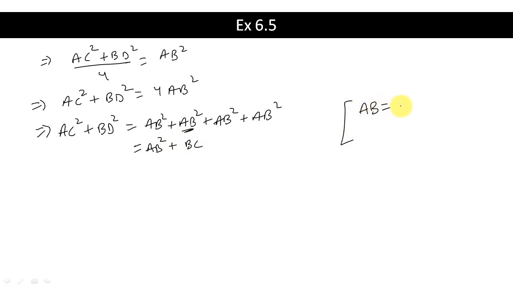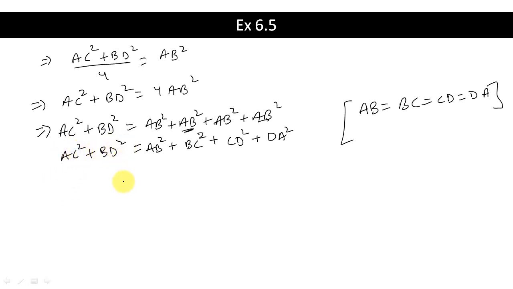Since this is a rhombus, that means AB, BC, CD, DA, all the four sides are equal. Therefore, in place of this AB, I can write BC. In place of this AB, I can write CD. And in place of this AB, I can write DA. Because this is what was required. So AC square plus BD square will be equal to AB square plus BC square plus CD square plus DA square. Or I can say the sum of the squares of the diagonals is equal to the sum of the squares of the sides. Hence proved.